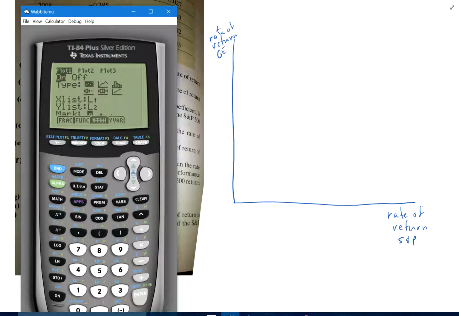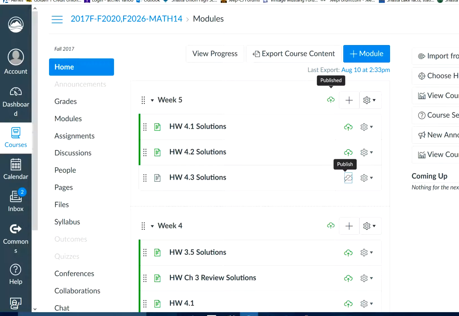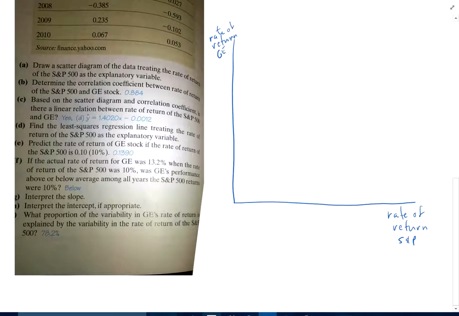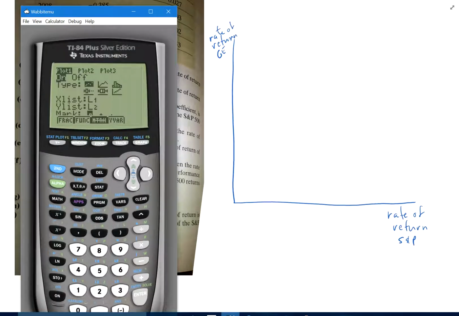fit. I'm not sure why my zoom is not coming up. Oh, hit the wrong button there. Back to here, calculator. Okay, so let me go back to here. Not sure what's happening. So scatter plot, X list, L1, enter, zoom.